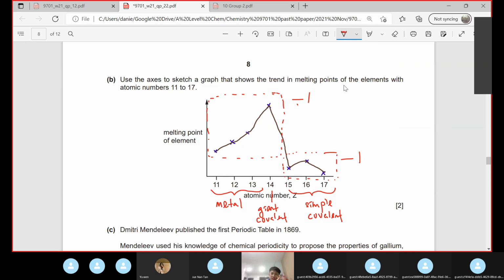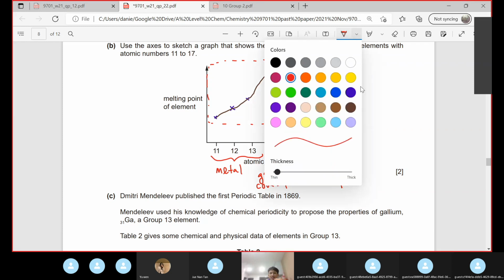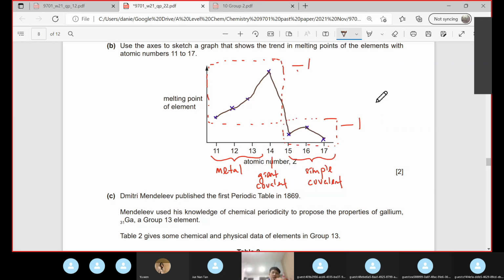Let me explain why element 16 is slightly higher, as it is sulfur. Sulfur exists in S8 molecule form. P is P4. 17 is Cl, so it's just Cl2.